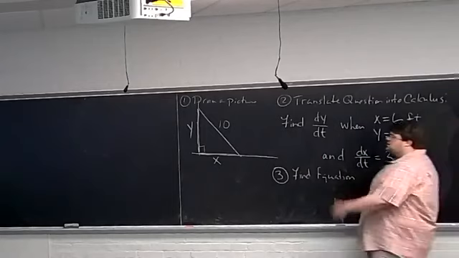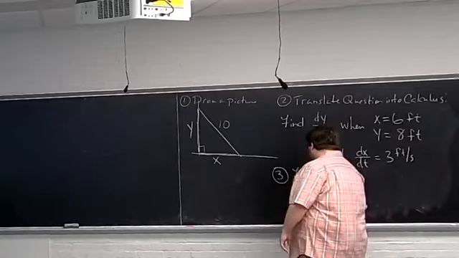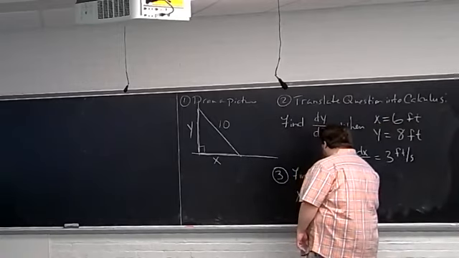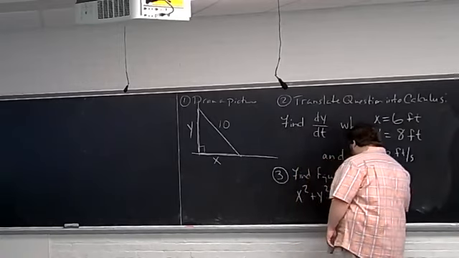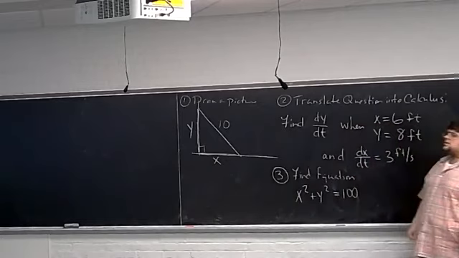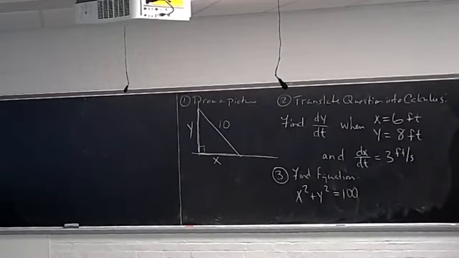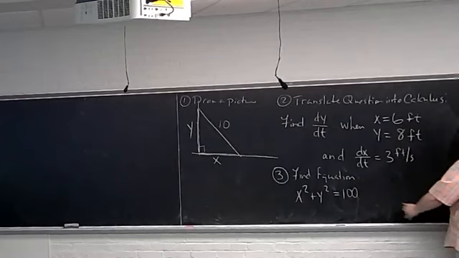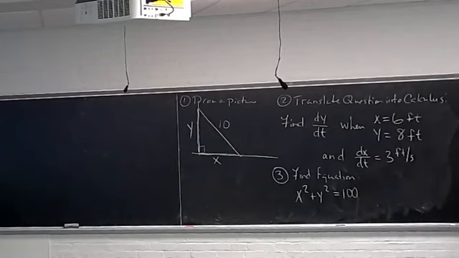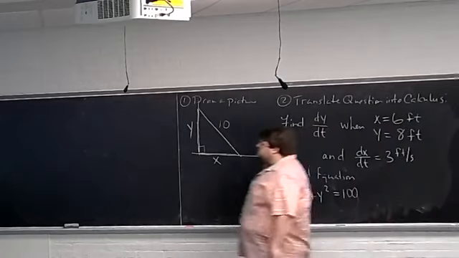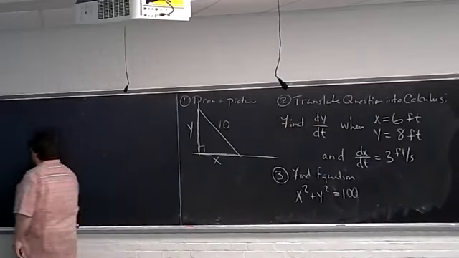Well, we have a right triangle, so the Pythagorean theorem says x squared plus y squared equals 10 squared. x squared plus y squared equals 100. Any questions about finding the equation? Finding this y value, you could also jump down to that equation and take the positive square root because these are distances. Any questions about that?